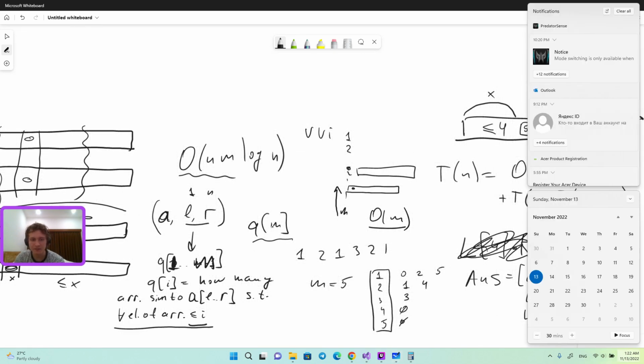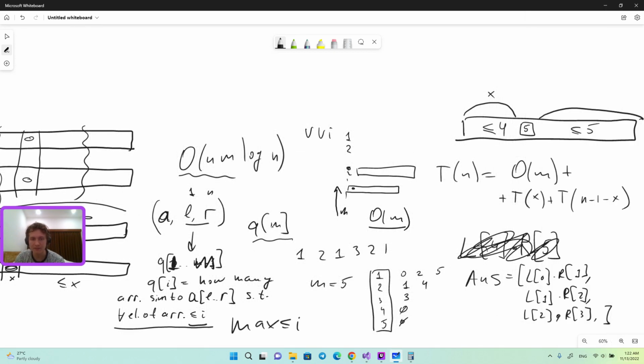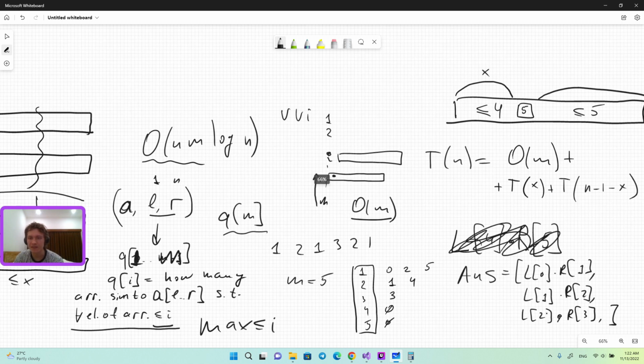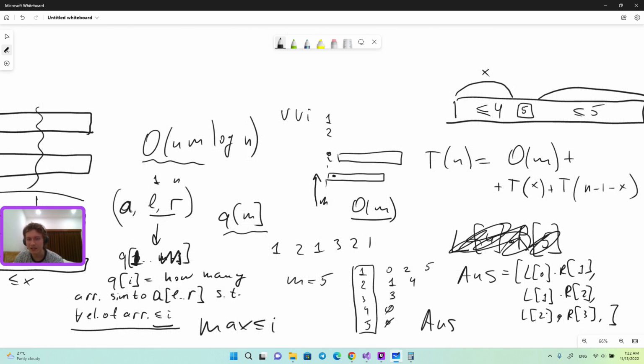So the maximum is at most i. But in my case, ans[i] is the number of arrays where the maximum is exactly i. For example, ans[5] is how many arrays in which this number is 5.